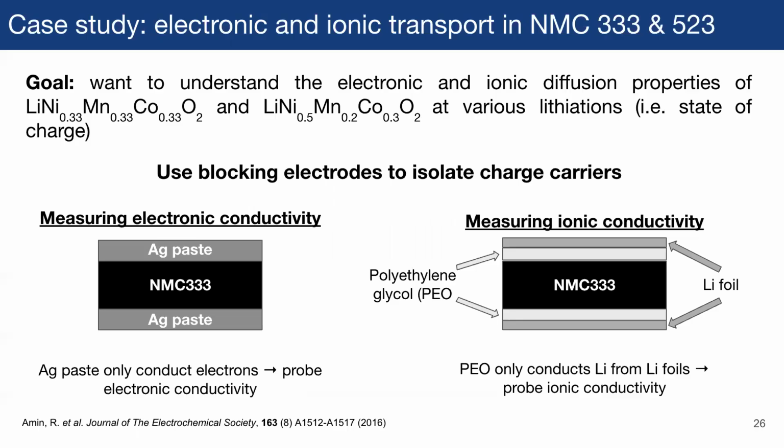So if we want to measure a current, that current needs to go all the way through our system. So it's really these interfaces here that are allowing us to block whatever conduction we don't want to measure.